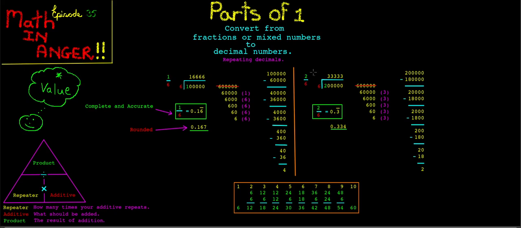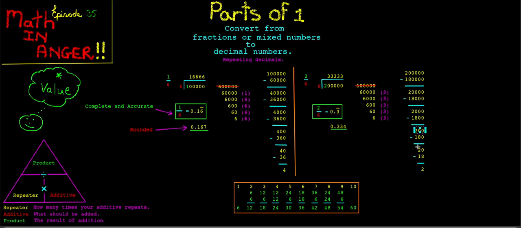Here then is another example with 2/6, and yes, most of you will tell me that's just 1/3. You're absolutely correct. This is just an example. Again, I took my product, I wrote it down, I took my additive, I did the long division, and here again we have this pattern.